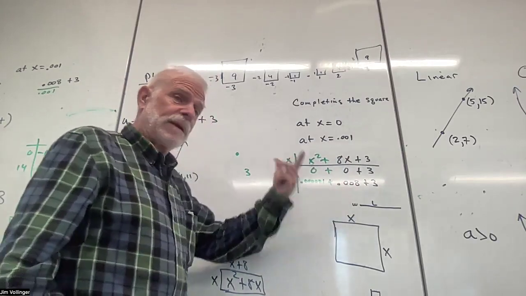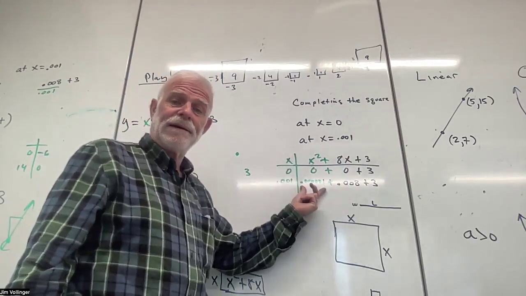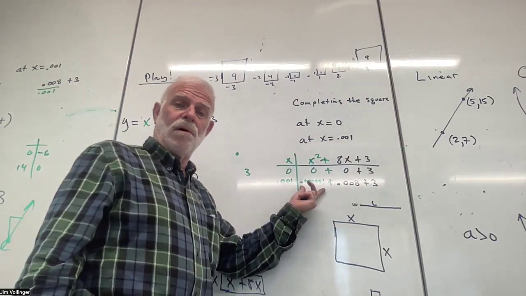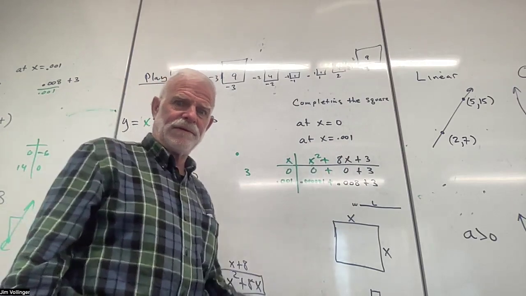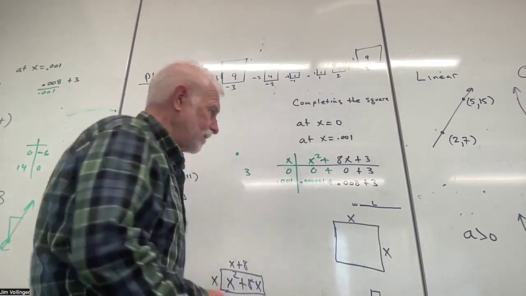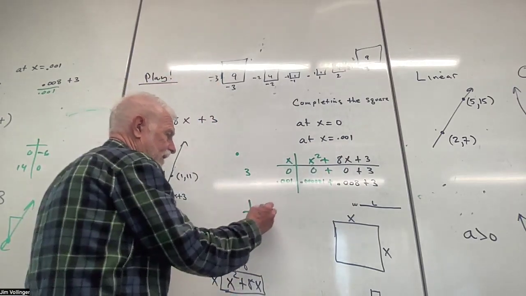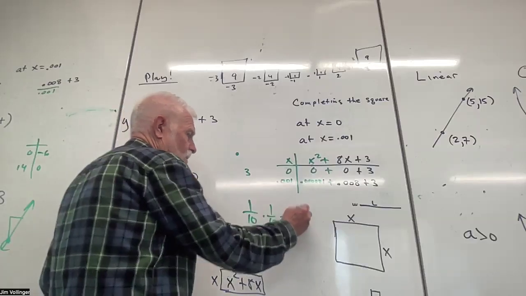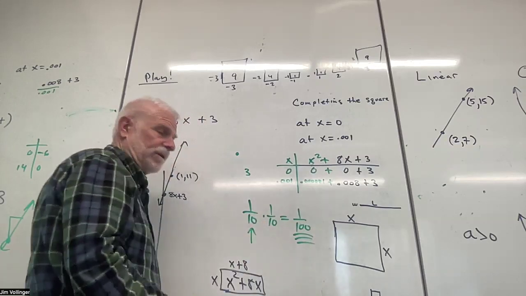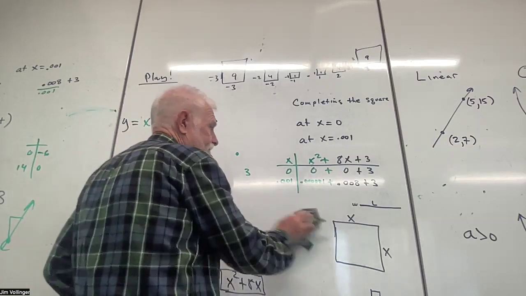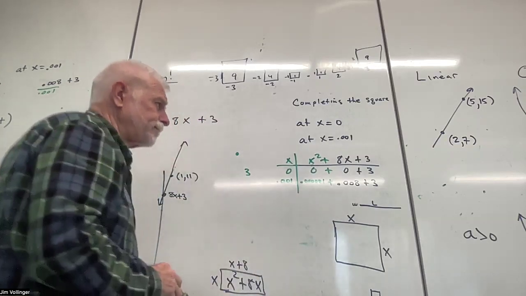Yeah, because this is almost like exponential decay. The more 0.001, the more zeros I put in there, the smaller it's getting, not bigger, right? 1/10 times 1/10 is 1 over 100. That number's smaller than the one I started with. Okay, so that's important to know.